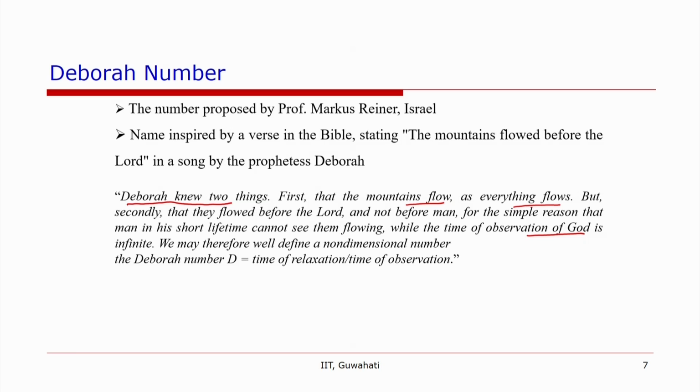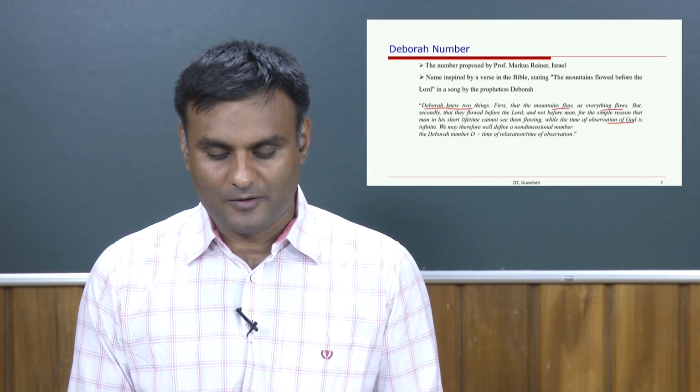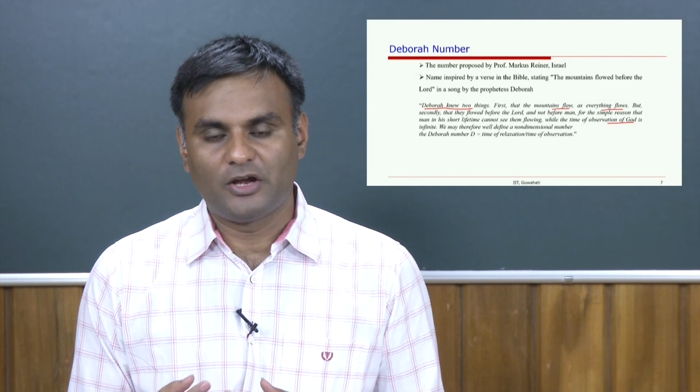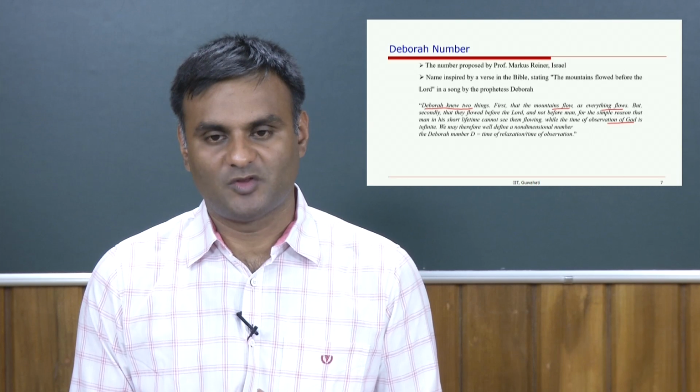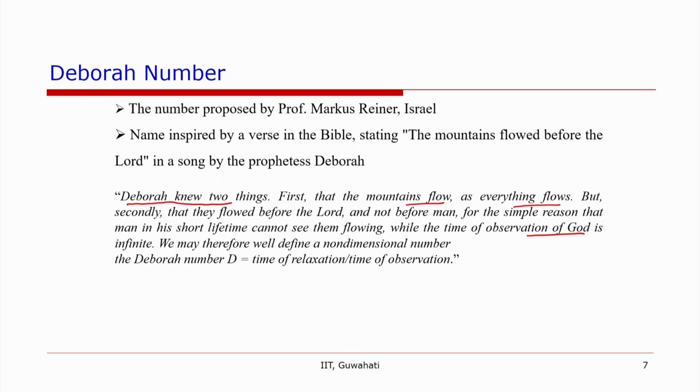So it depends on the observation time of a particular person or of a particular phenomenon whether one can see the material flowing or not. The Deborah number is defined as the time of relaxation over the time of observation.